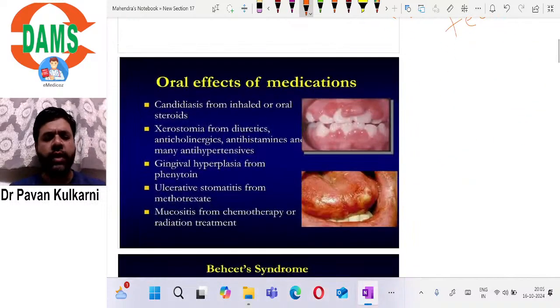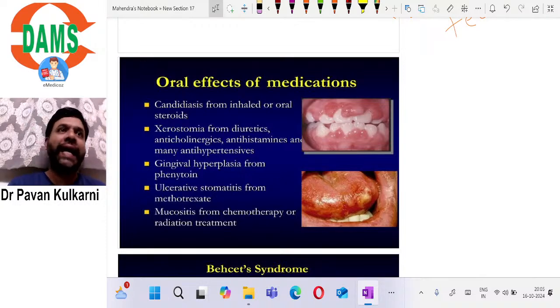Now moving on to some of the important oral manifestations of some medications. All of us know that certain systemic steroids or inhalation steroids are given in many oral conditions and dermatological disorders, like pemphigus, vesiculobullous lesions, lichen planus.